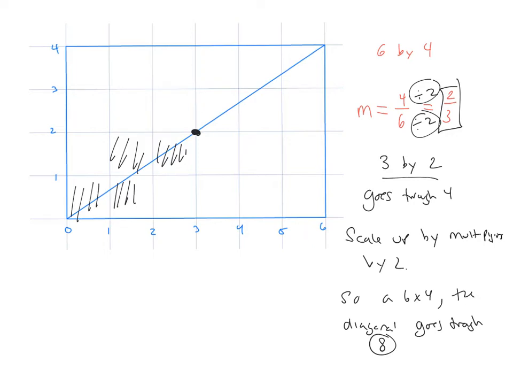Once here, and then meet at the lattice point, and then it's going to begin again. Let's take a look at a situation when the length and the width don't have any factors in common.